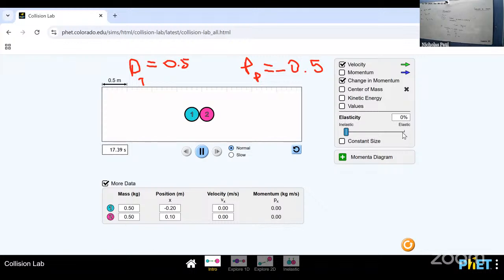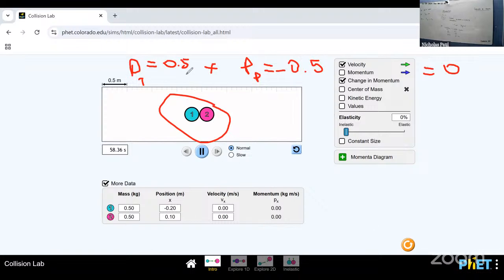There is a law called the conservation of momentum that says the total momentum before they collide is equal to the total momentum after collision, right? So let's do a little math here. What is the momentum before they collide? Let's add these two, right? 0.5 plus minus 0.5 is equal to how much? So it means that the momentum after should also be zero. So the answer is they're supposed to stop.